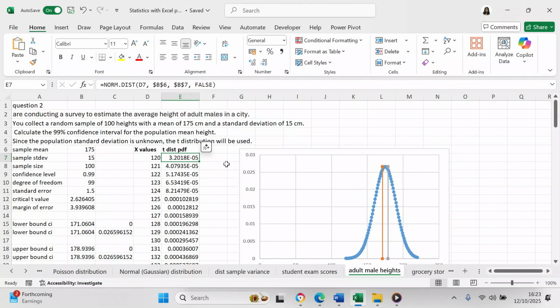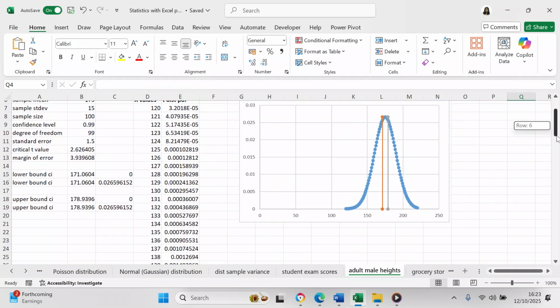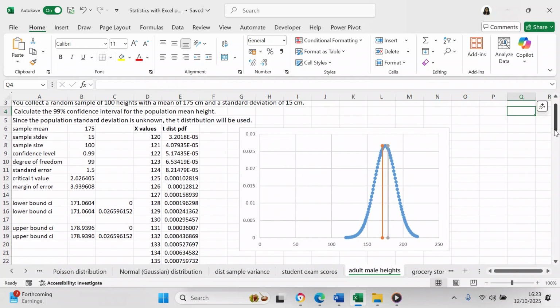That means it's the probability distribution function, or PDF. And then we've created a chart, a graph for this. We created a normal distribution, and we put the lower bound and the upper bound of the confidence interval on the graph, so you can see where they fit in that area.